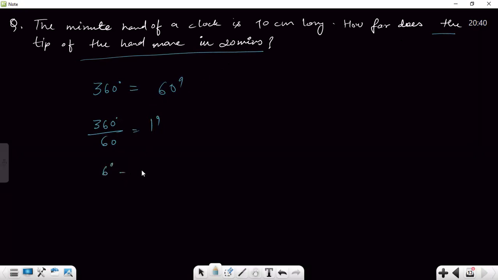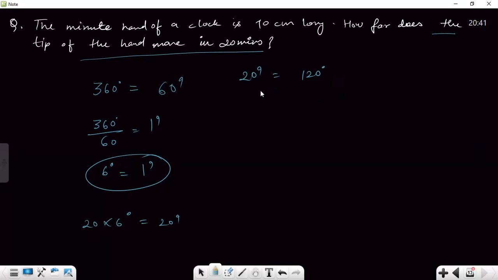So 6 degrees is equal to 1 minute. Now let's multiply 20 on both sides: 20 into 6 degrees is equal to 20 minutes. So in 20 minutes, 120 degrees will be the hand movement.